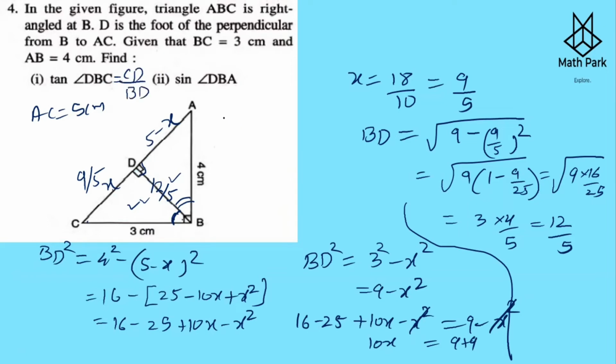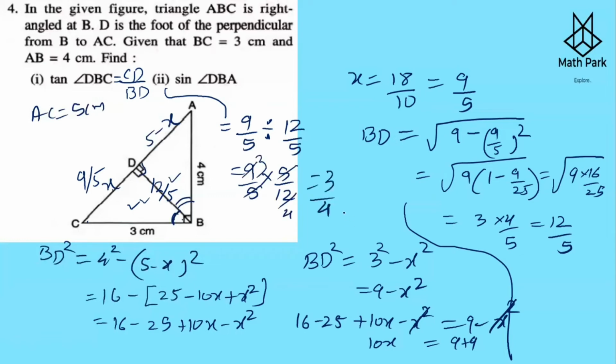CD value is given as 9 upon 5 divided by BD, which is 12 by 5. So we get 9 upon 5 into 5 by 12. 3 3s are 9, 3 4s are 12. We got this as 3 by 4. So we got the value of tan DBC as 3 by 4.